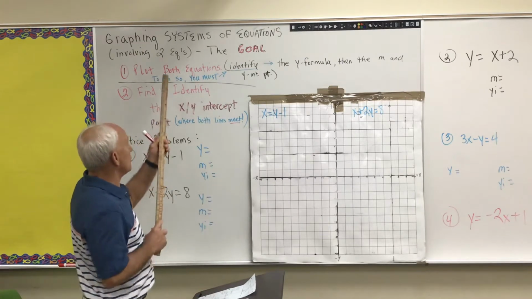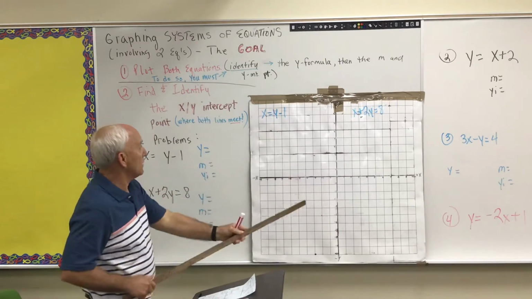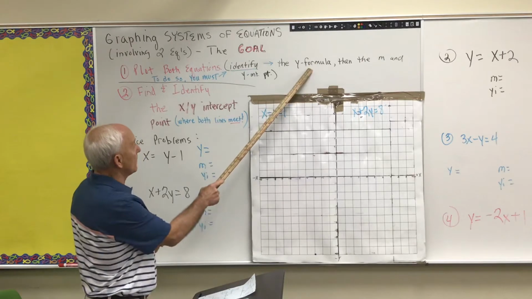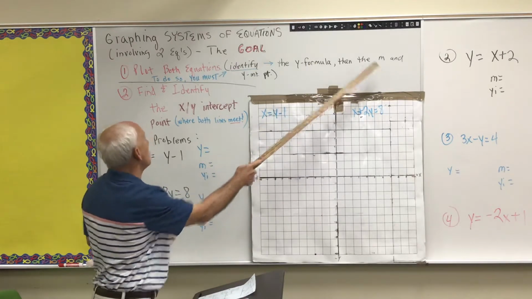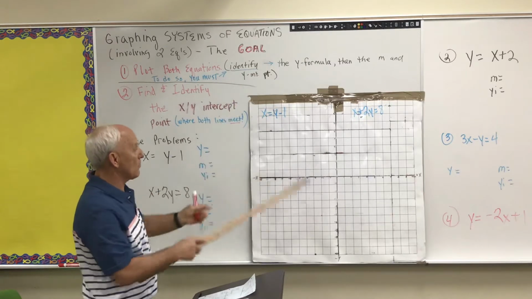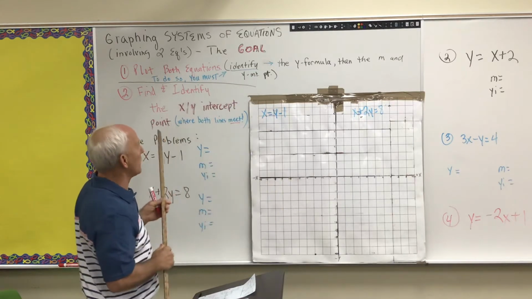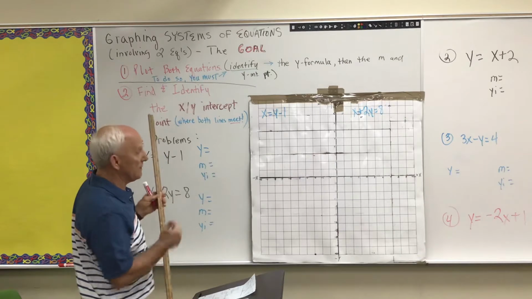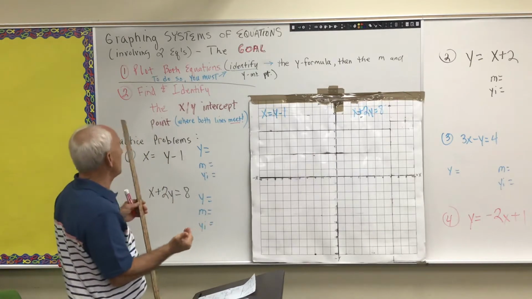We're going to plot the two lines using the y formula, finding the slope, and then finding the y-intercept point and drawing that line properly, identifying different parts that we need to.